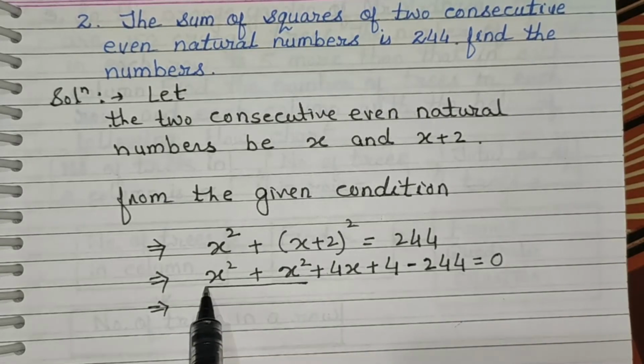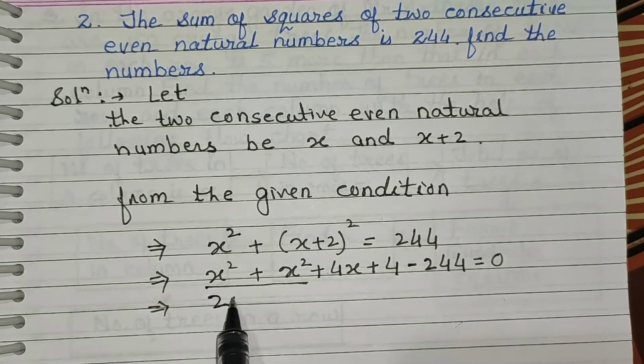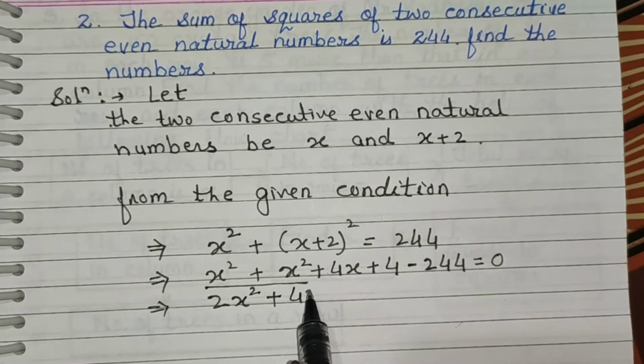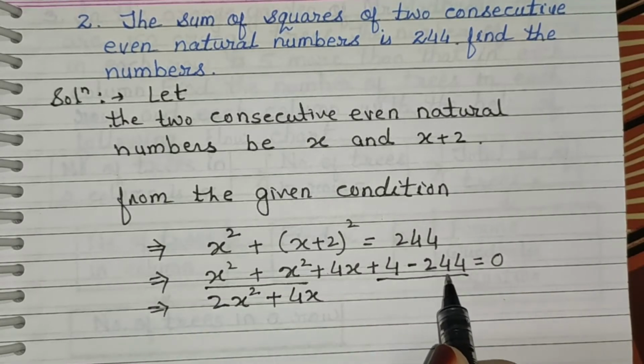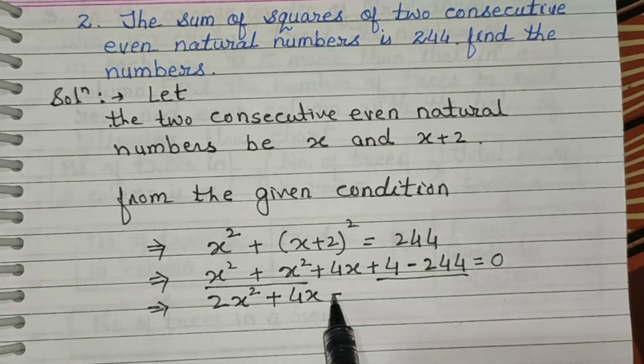Now x square plus x square, both are like terms. 1 plus 1, 2. 2x square plus 4x, plus 4 minus 244. We get here minus 240 is equal to 0.